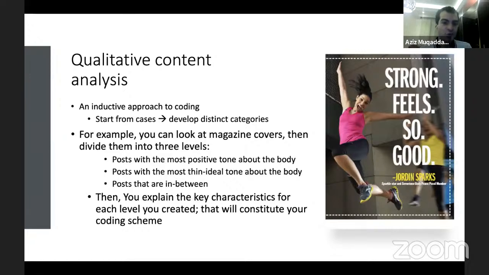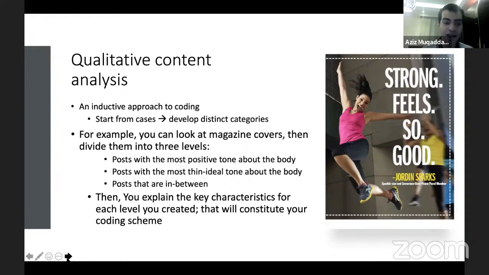Well, this approach will be different because you would look at different bodies. You see where the median is, and then you align the two other categories, the other extremes, to the left and the right of that, okay? So this one emerges from the content. The other one, you have a pre-established criteria and you apply it to the content, right?